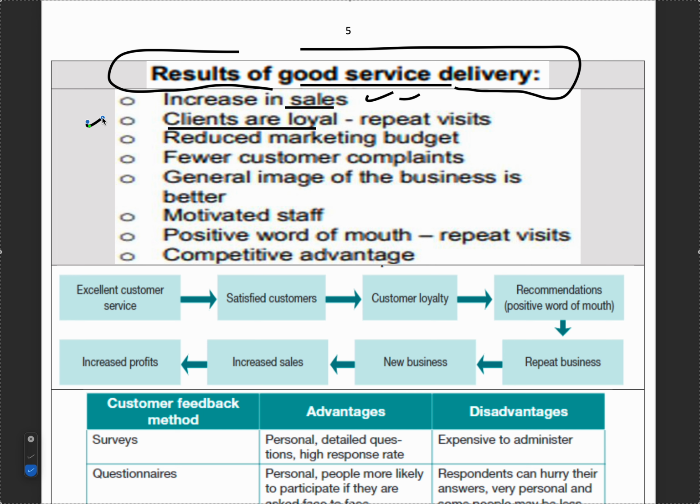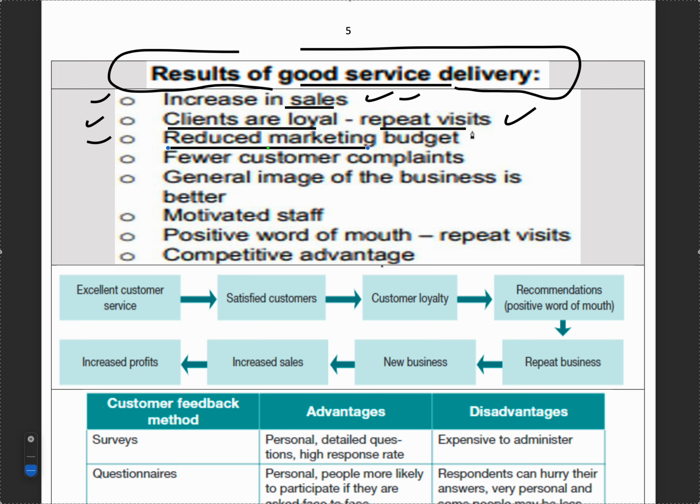The moment they always come and buy, we call that the repeat visit, going to the same place, like loyal customers. That also helps you reduce the money you put into marketing your business. You will no longer need to market as much, and you can put that money somewhere else because your business will be known.